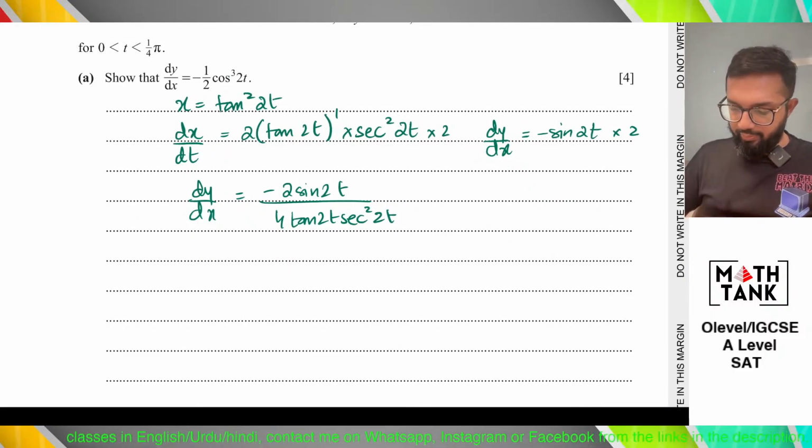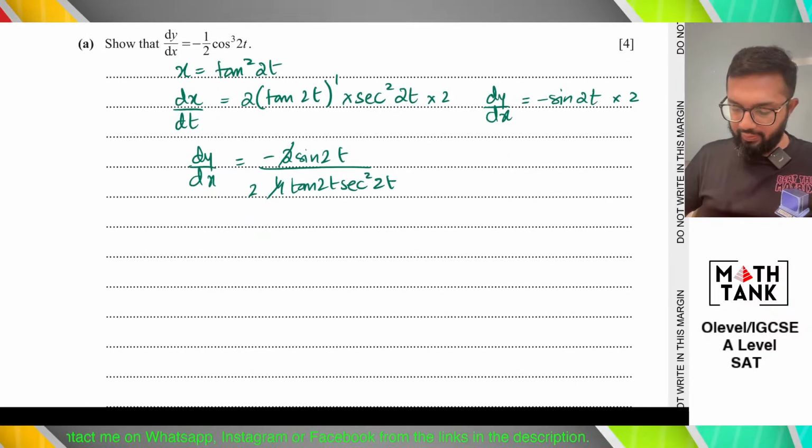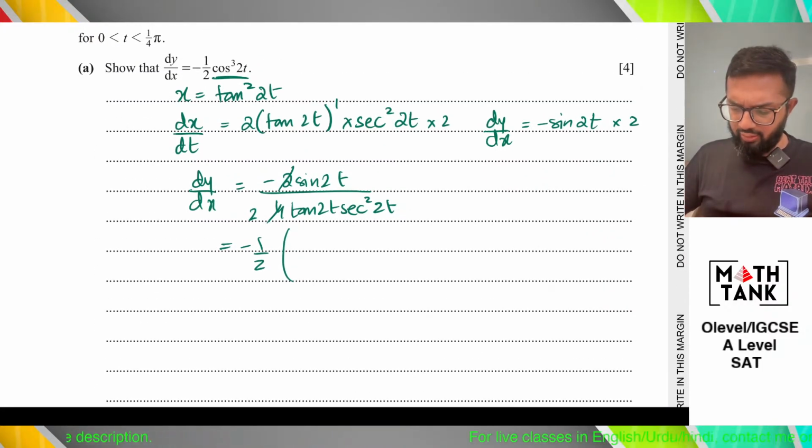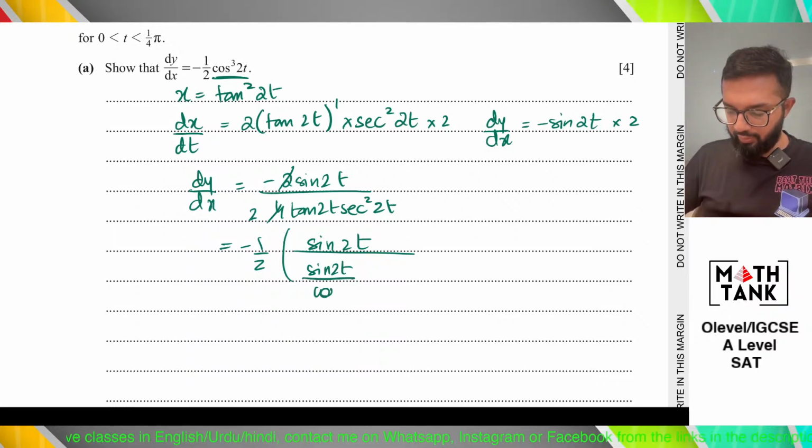Okay, let's cancel that first. So I have the minus half that I'm looking for. I need to change everything to cos, and I want to keep 2t. Oh, that's unusual. Okay, sine 2t over cos 2t into 1 over cos square 2t.